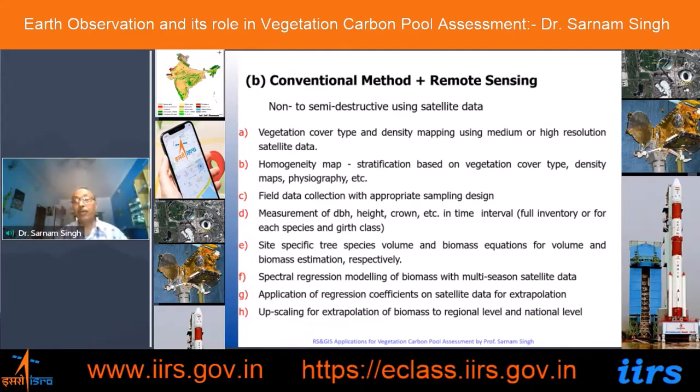So what will happen? You know the plot dimensions, you know the pixel dimensions, you know the spectral reflectance in green, red or infrared or middle infrared band, you know the biomass per pixel, now you can correlate. So you can develop a model for extrapolation further, because you are doing sampling for a small area, but you have to do mapping for the entire district or state or country. For that you need geospatial modeling.